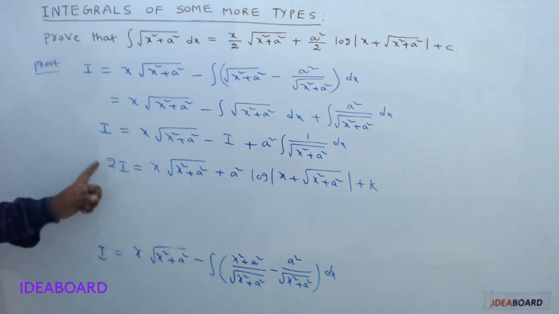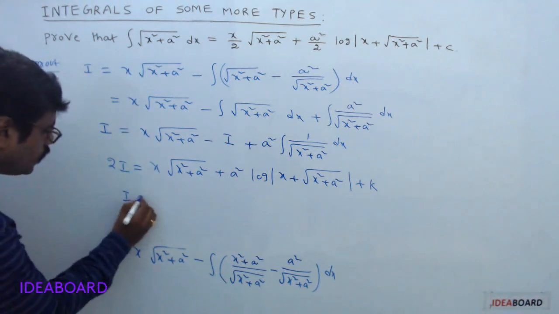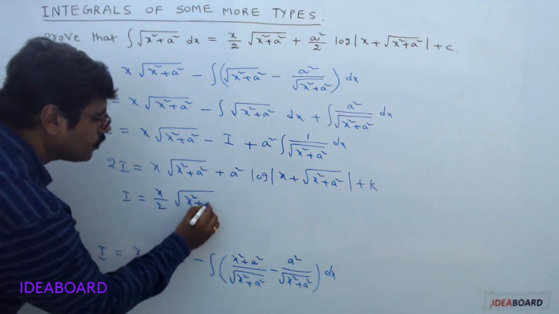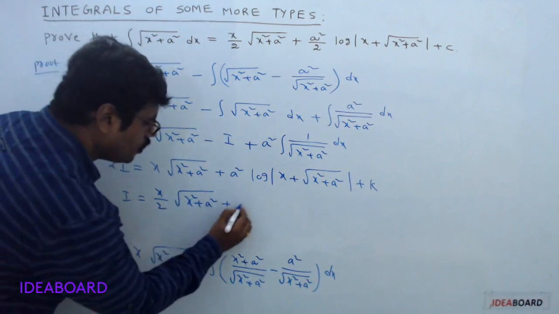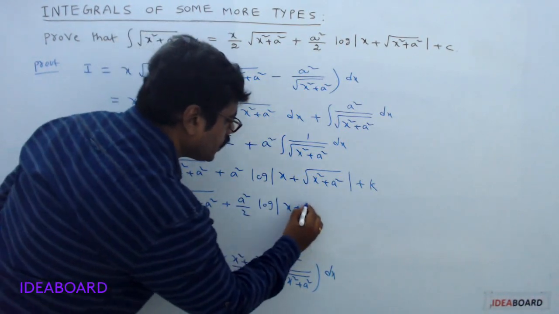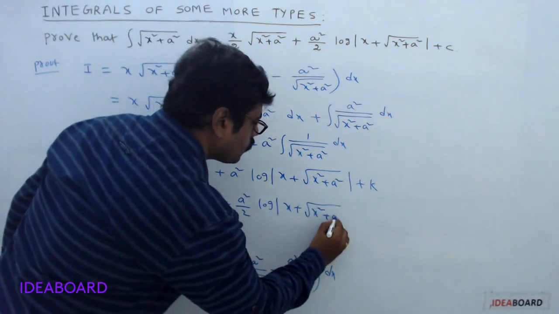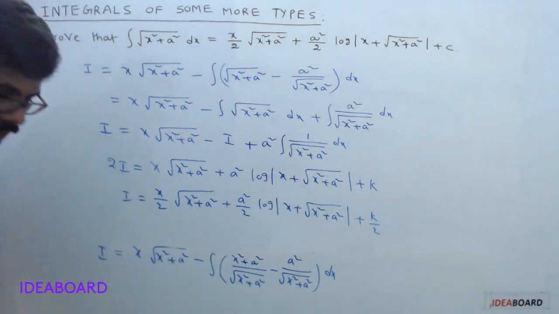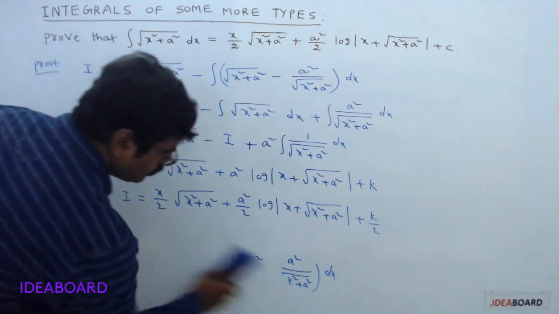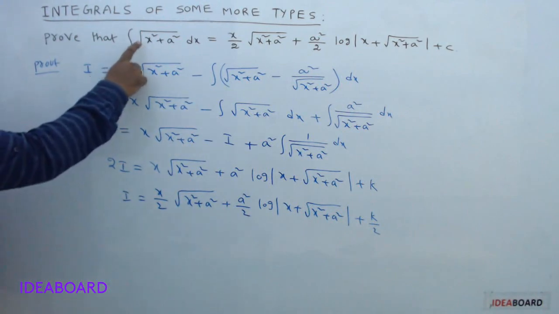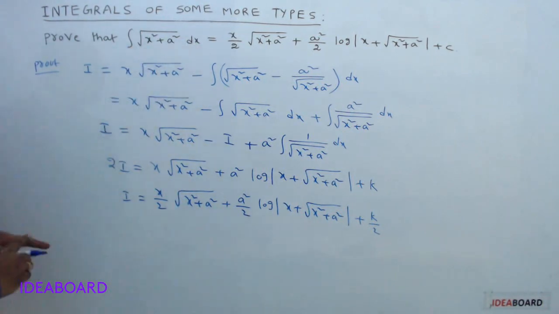Now dividing this equation on both sides with a constant 2, it is I equal to x by 2 into root of x square plus a square plus a square divided by 2 into log mod of x plus root of x square plus a square plus k divided by 2. Now replace I with the integral root of x square plus a square dx.